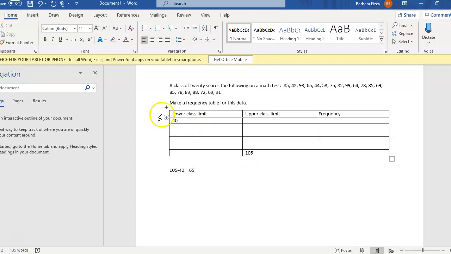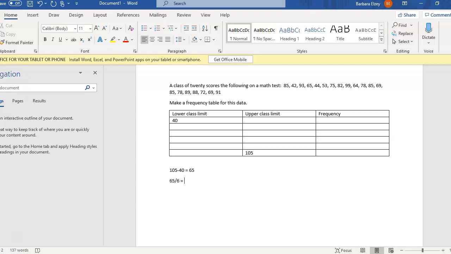And notice if we count the number of classes that are in this table, we're going to have 1, 2, 3, 4, 5, 6 different classes here. So I'm going to take 65 and divide it by 6.